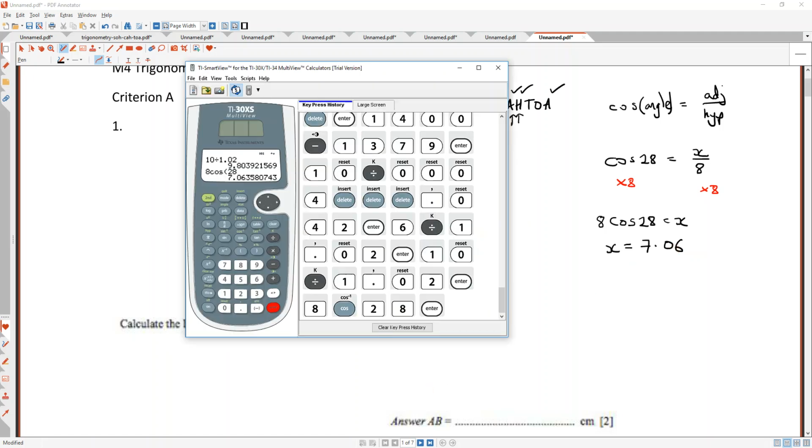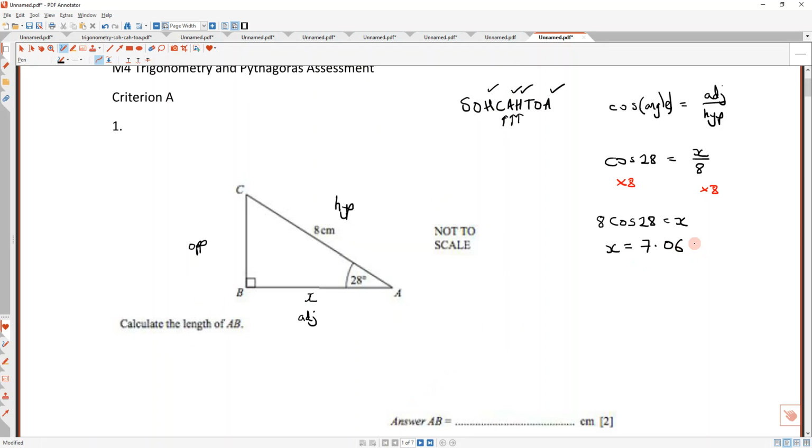Let me just double check that. Yep, and that is to 2 decimal places. Okay, let's move on.